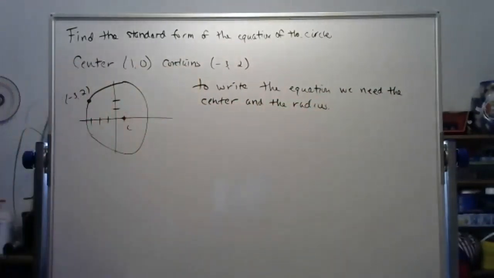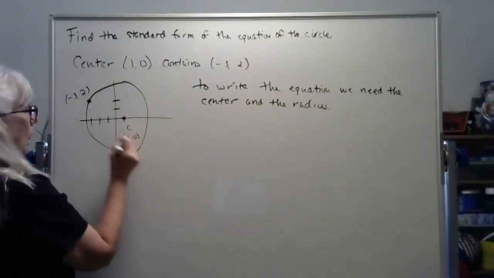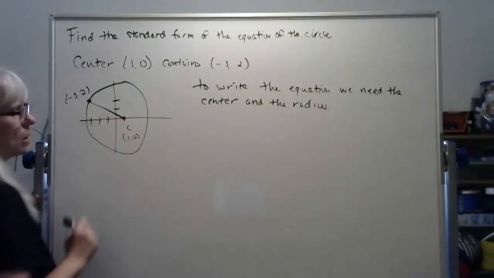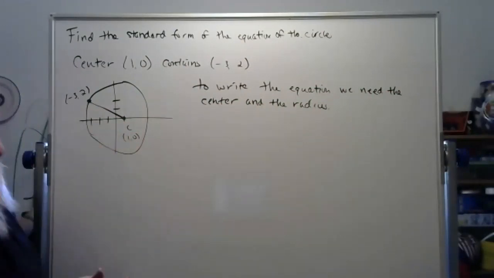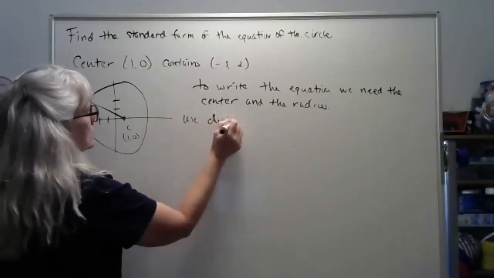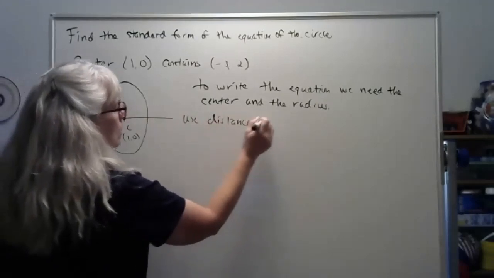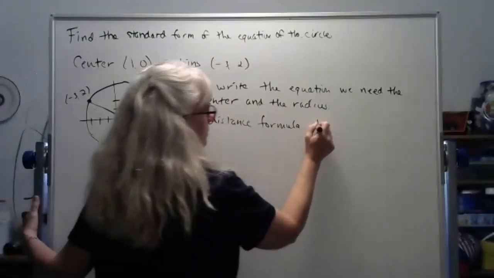That's the easy part, but they did not give me the radius. So how can I find the radius of this circle? Would this distance right here be the radius? So can't I use the distance formula? And that's why we need the distance formula. So we're going to use the distance formula to find the radius.